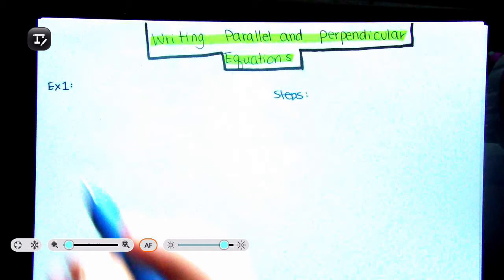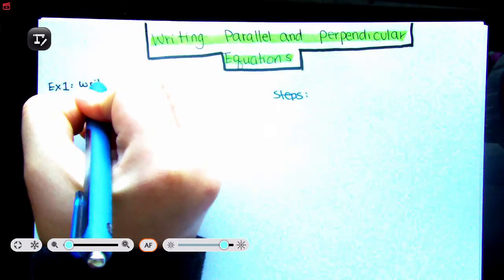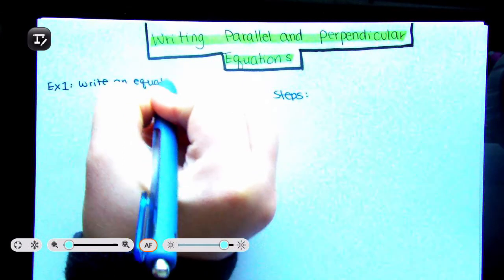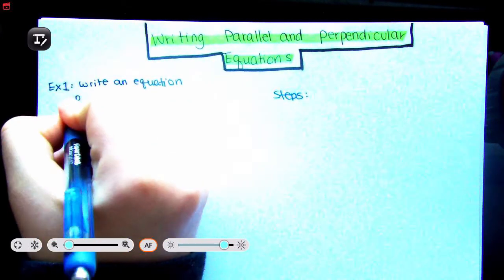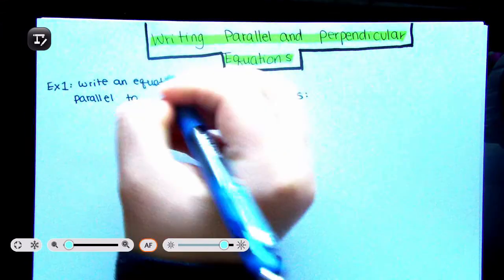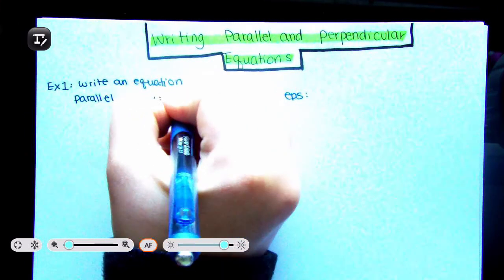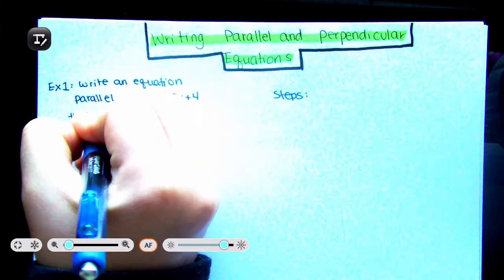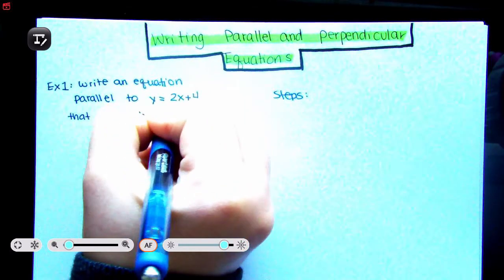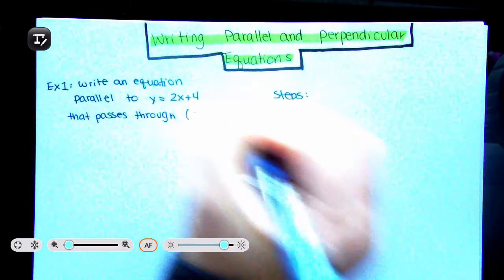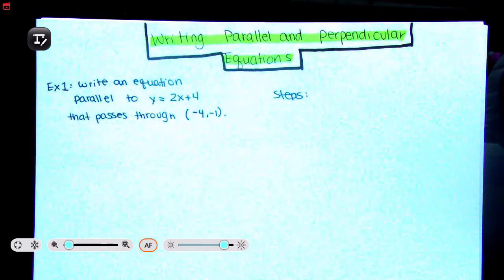So let's say we want to write an equation parallel to y equals 2x plus 4 that passes through (-4, -1). So that's our question, okay?